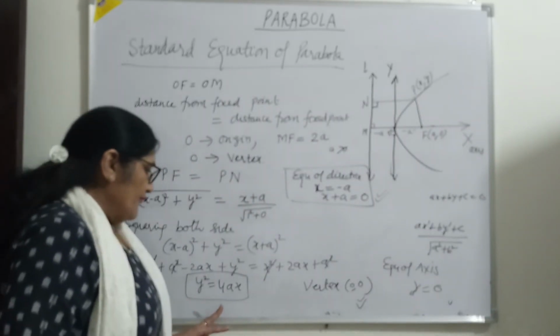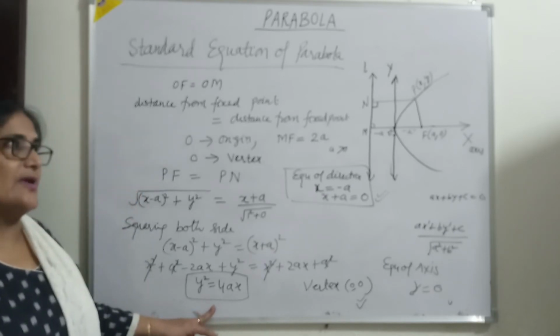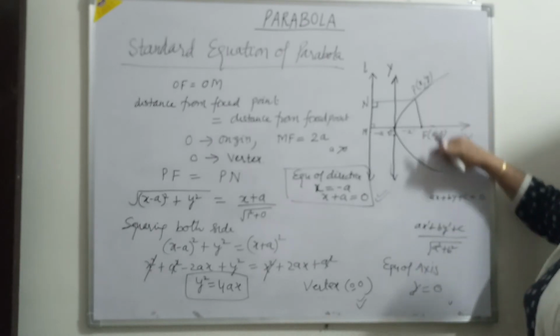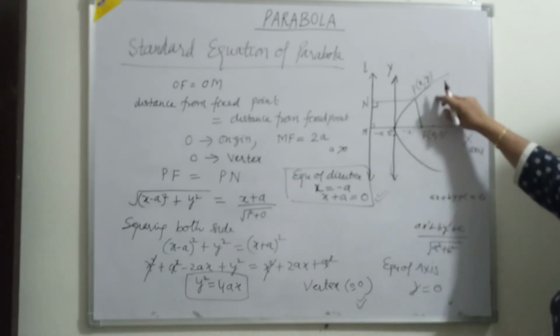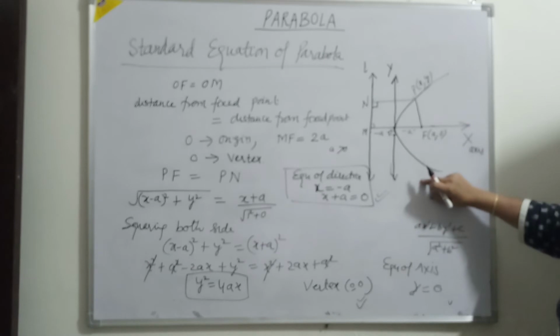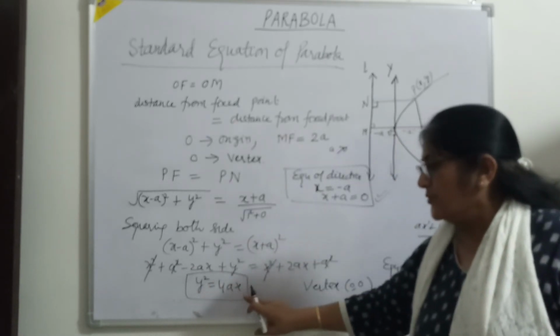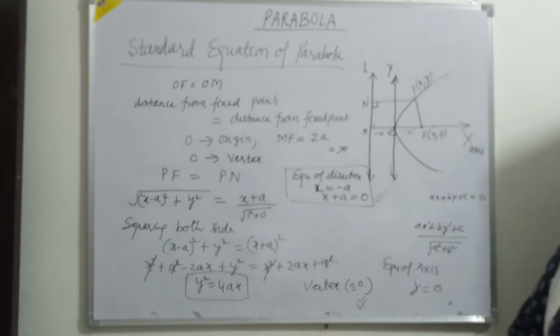Now as you can see, this curve is symmetrical about the x-axis on the positive side, so the equation is y² = 4ax.